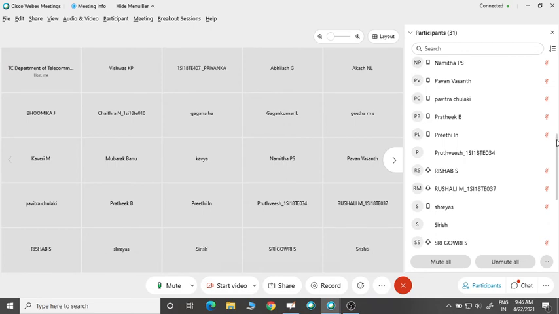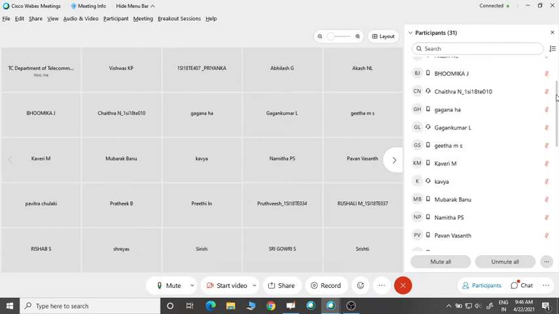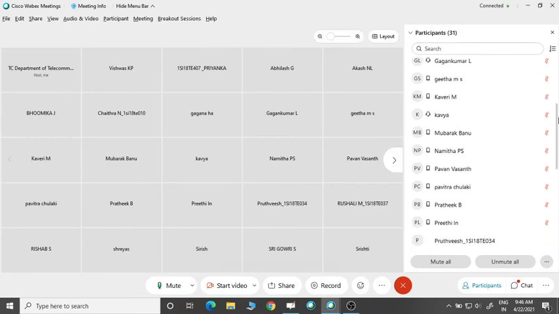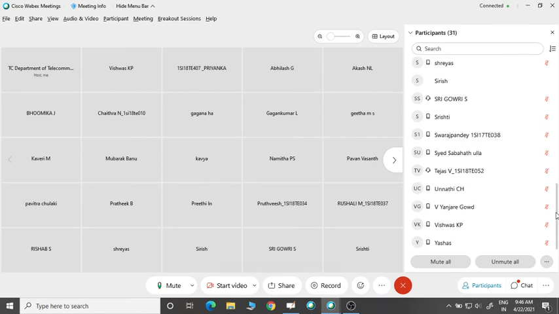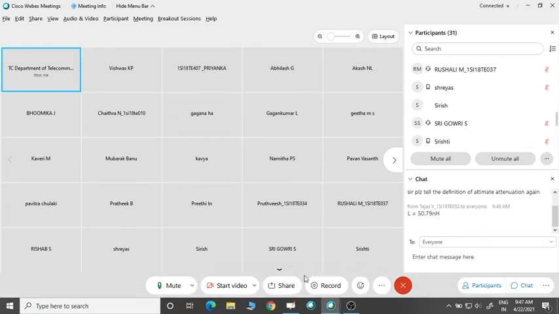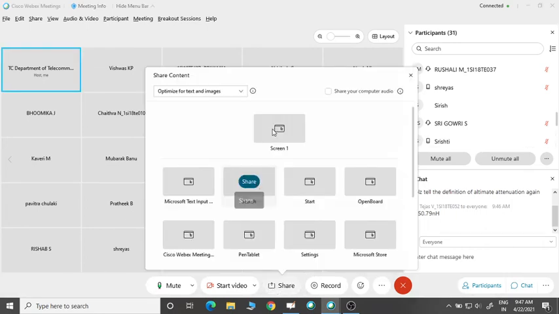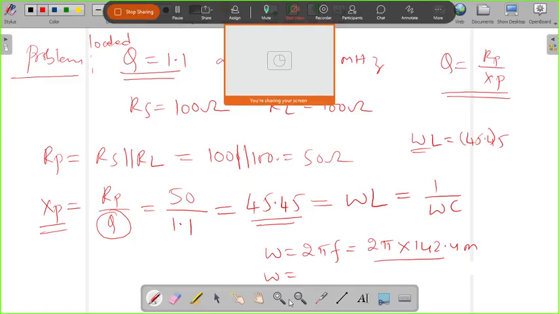Okay, L is 50.7. Is it 50.79 nanohenry? Okay, so similarly you can calculate what is C. Tell me, so what is L?